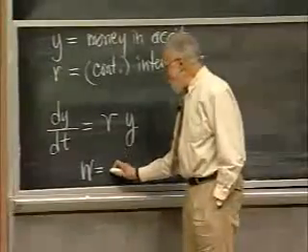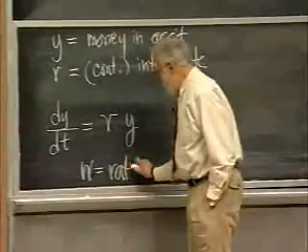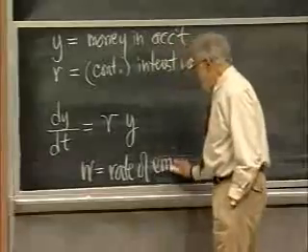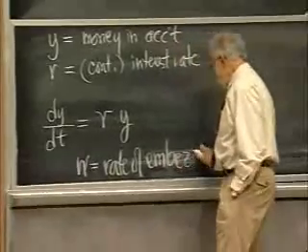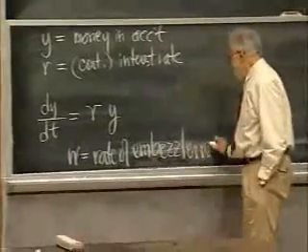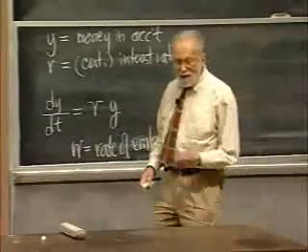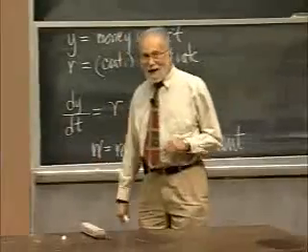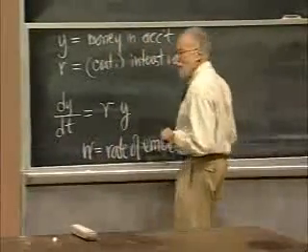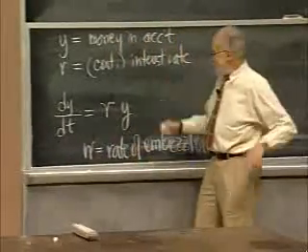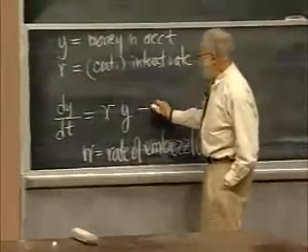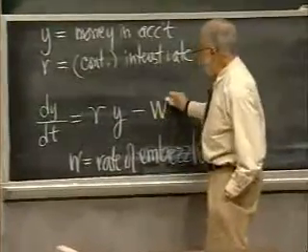W is the rate of embezzlement. Thought of as continuous. So every day a little bit of money is sneaked out of your account because you're not paying any attention to it. You're off skiing somewhere and not noticing what's happening to your bank account.